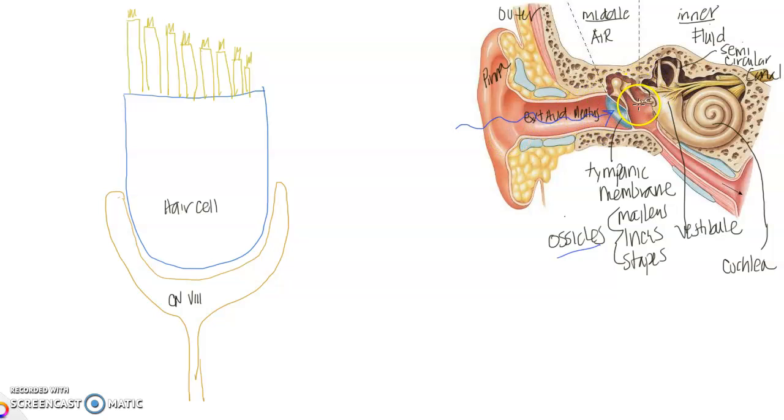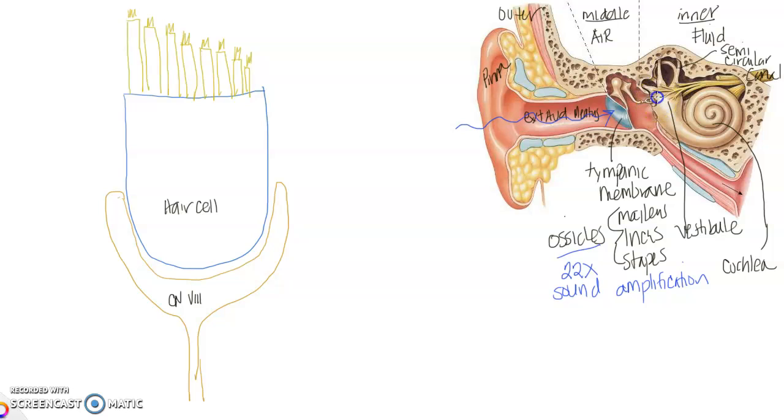Those vibrating ossicles actually amplify the sound by about 22 times. So by the time it gets through the malleus to the incus to the stapes, we've amplified that sound 22 times.